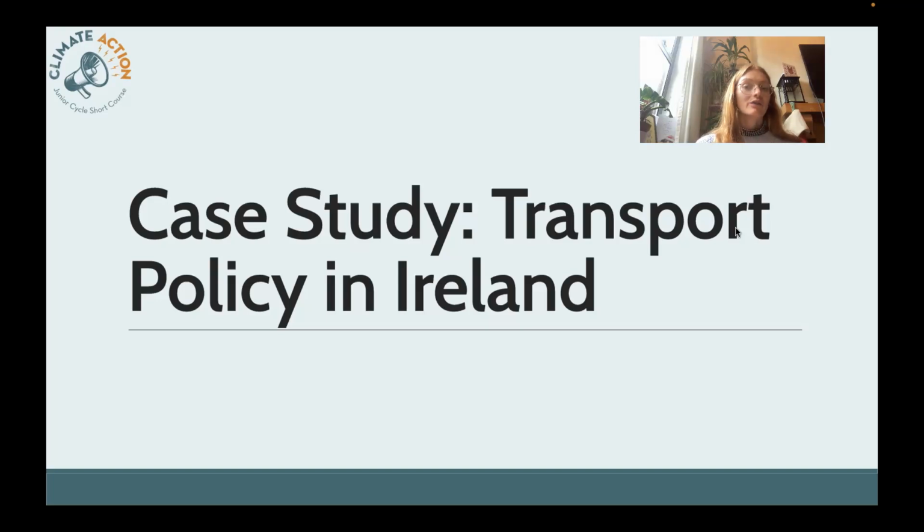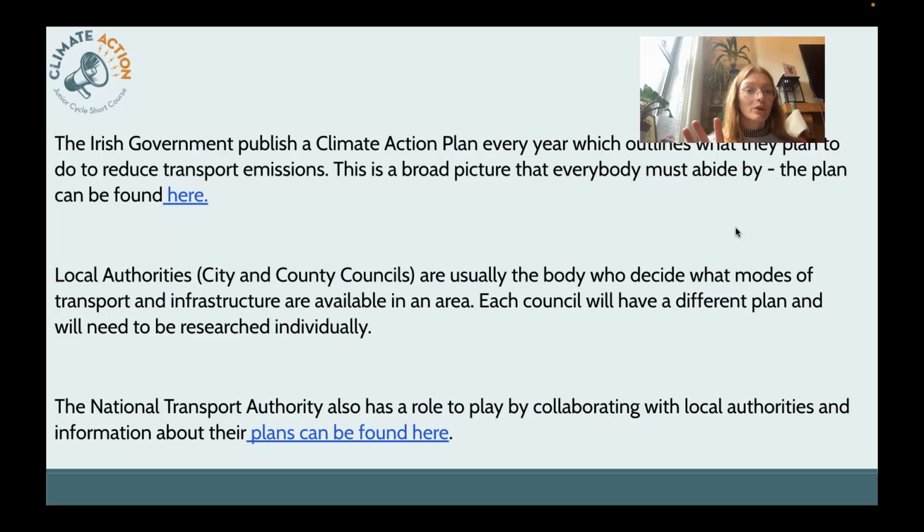Then you could look at transport policy in Ireland with your students. This is just a broad picture of where transport policy comes from. The Irish government does a climate action plan every year, which has a section on sustainable transport that everyone has to abide by. Local authorities, so that's city and county councils, are the bodies who usually carry it out in local areas.